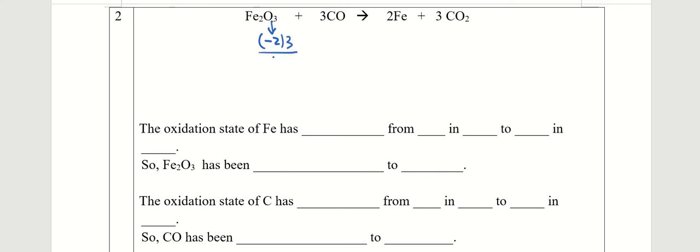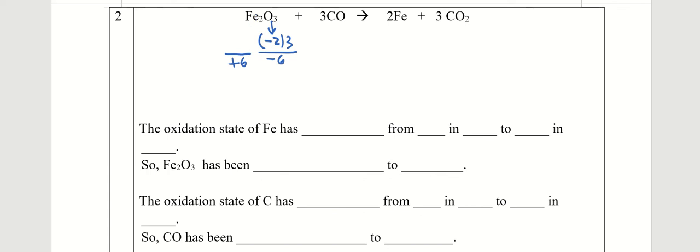This would give us overall -6. Now the -6 would definitely have to be balanced off with a +6, because as you would have recalled, the overall oxidation state of a compound must be 0.